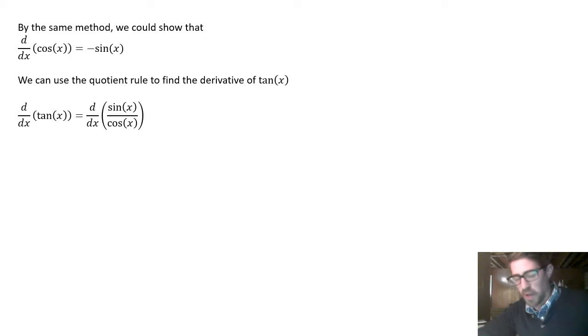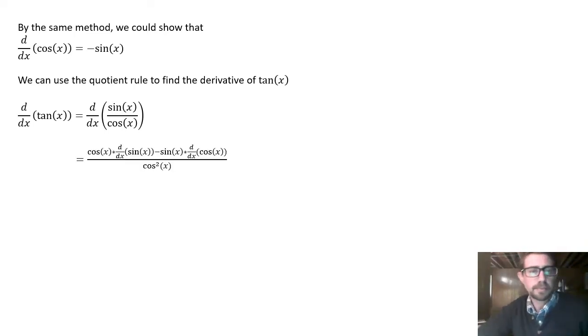So we just write it as sine over cosine, and now we can use the quotient rule on that and see what we get, see what it cleans up to. All right, so that's cosine times the derivative of sine minus sine times the derivative of cosine, all over the denominator squared, so all over cosine squared.